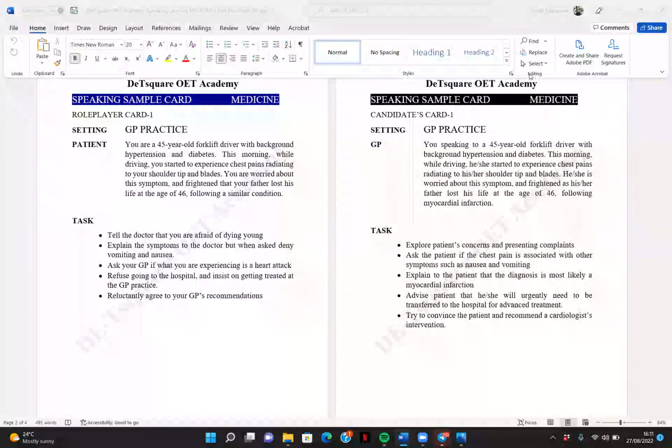Okay, yes, as a layman's term, you can call it heart attack, which is as a result of maybe insufficient blood supply to the heart. So people that have it will present with these symptoms that you're having now. Do you understand?